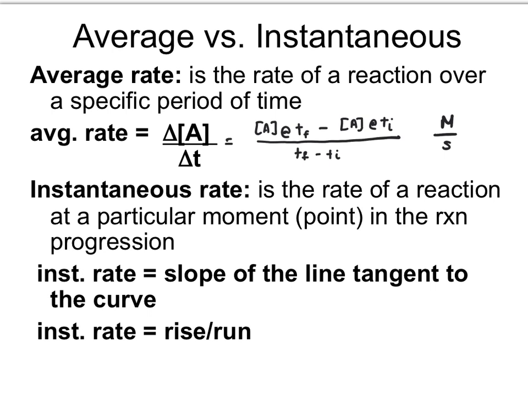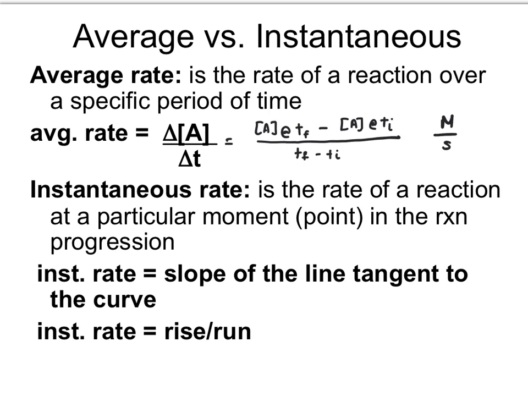Then we're going to take a line tangent to the curve that we produce from our rate data. Our instantaneous rate is going to be established from the slope of the line tangent to the curve, and we're going to talk about how we go about doing that in a little bit.